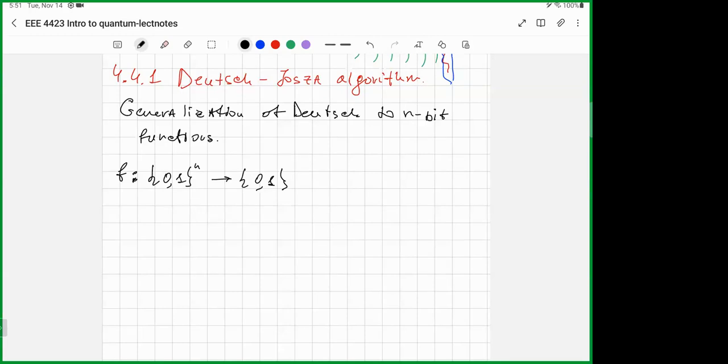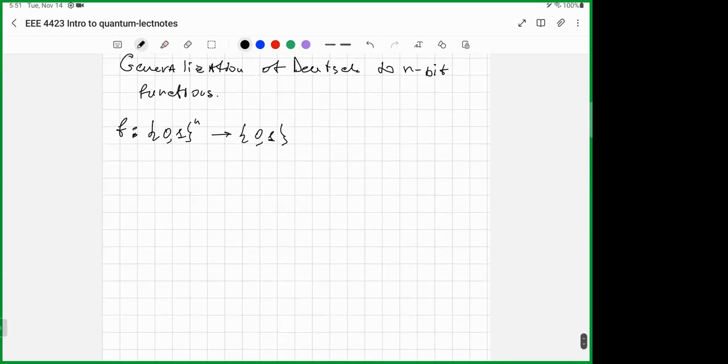And the generalization of the circuit would look like this. So again, we start from qubits in the state 0, and then we have the n qubit state for the upper system register, right?